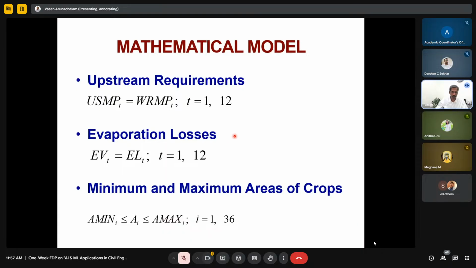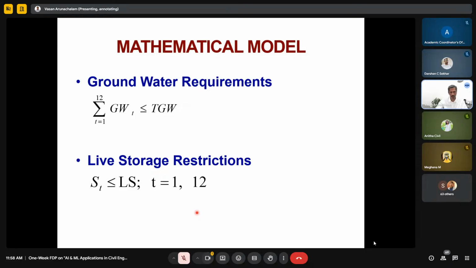Some of the other things I'll have to keep in mind are the upstream requirements, then the evaporation losses. Then there are bounds with respect to the minimum and maximum area of these crops. And the groundwater withdrawal overall cannot cross the total water that the aquifer in that particular area is going to hold. And also, I have a live storage, which means only so much water can be stored in the dam in a given month.